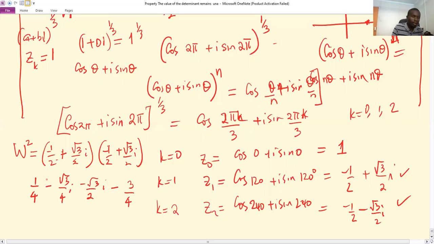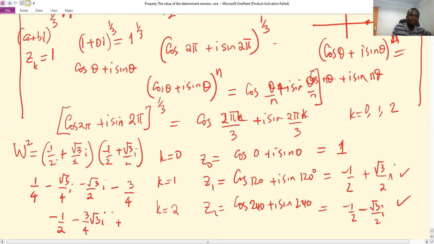So this will be a quarter minus 3 over 4, which is negative a half, and then the imaginary part will be minus root 3 over 2 i.